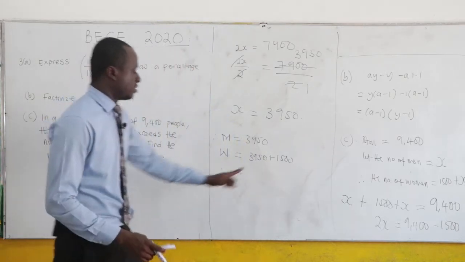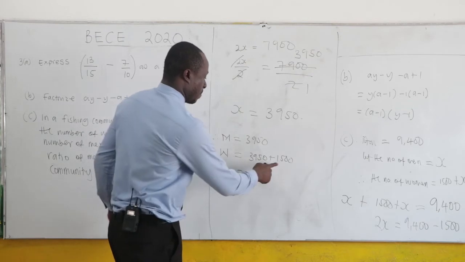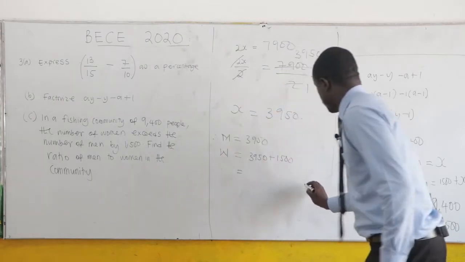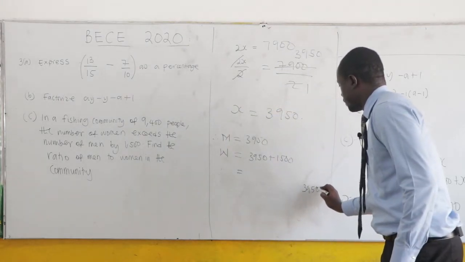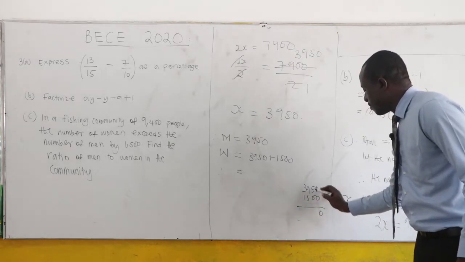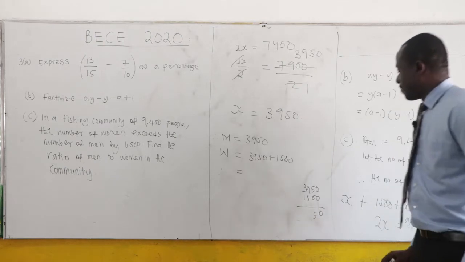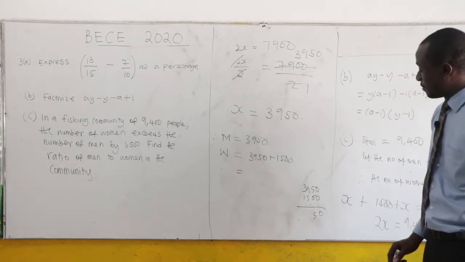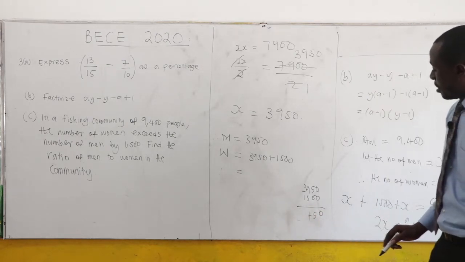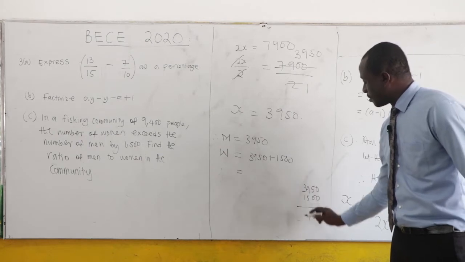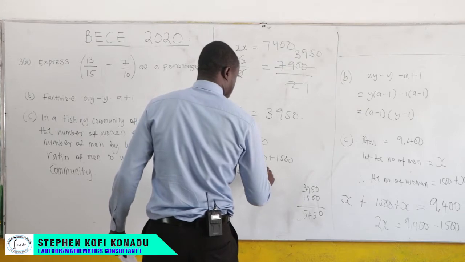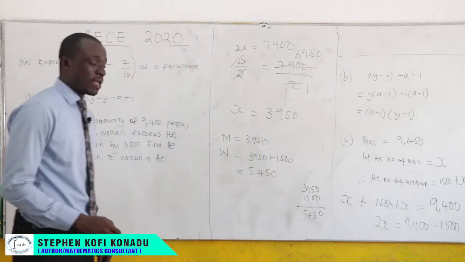Now when you add this, 0 plus 0 is giving us 0. 5 plus 0, that is 5. 5 plus 9, that is 14. So we have 4, remainder 1. Now, 1 plus 1, 2 plus 3, 5. So what do you have? That is 5,450.